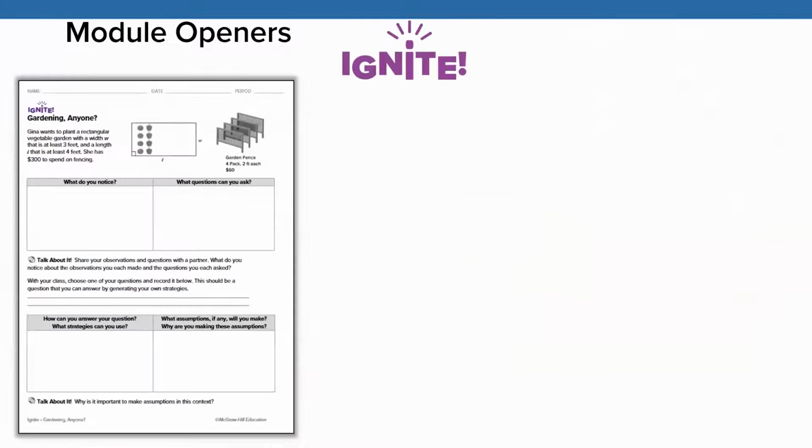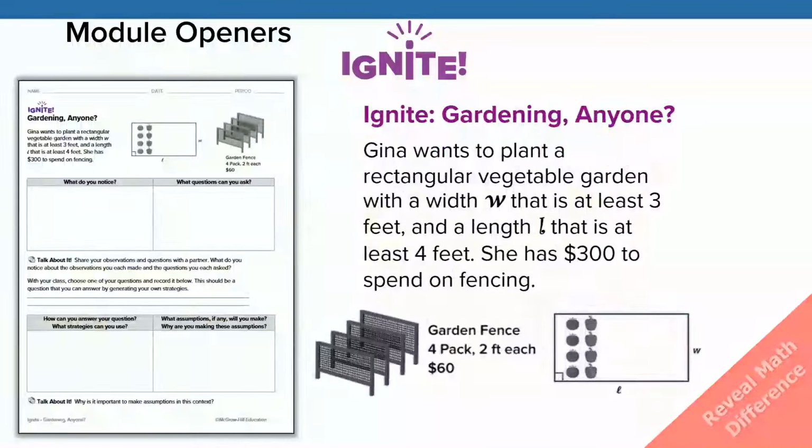Another key, of course, is the Ignite activities, an excellent piece meant to spark curiosity and problem solving within the unit. It hints at the math of the module. These are also Word documents online, so you can always edit them and make them yours.